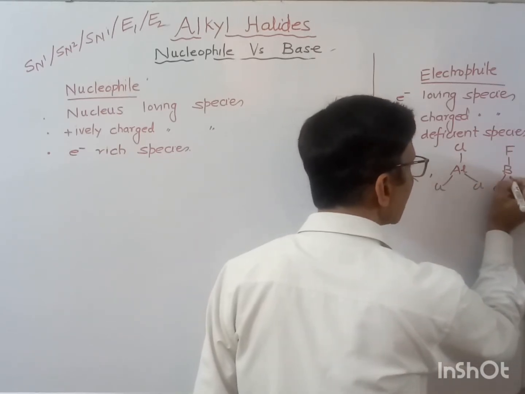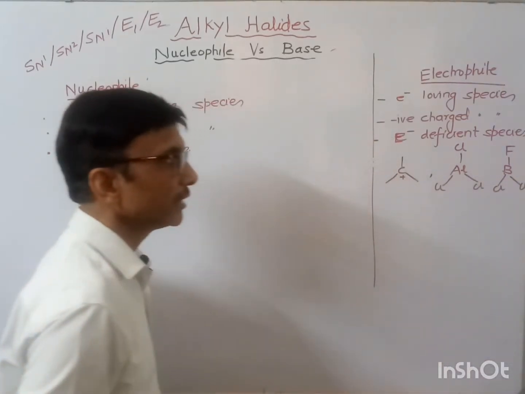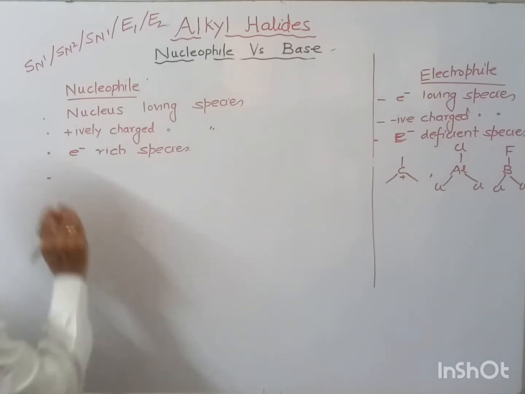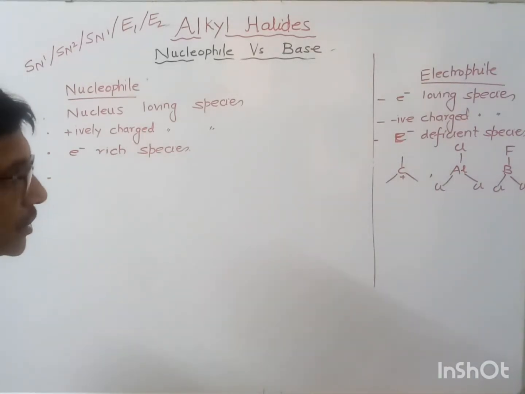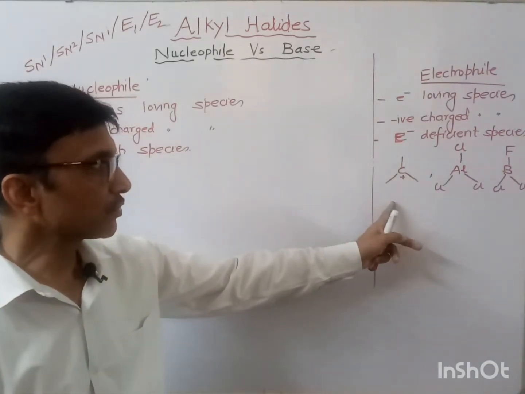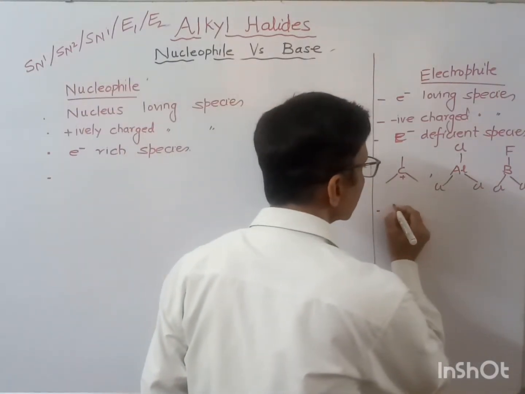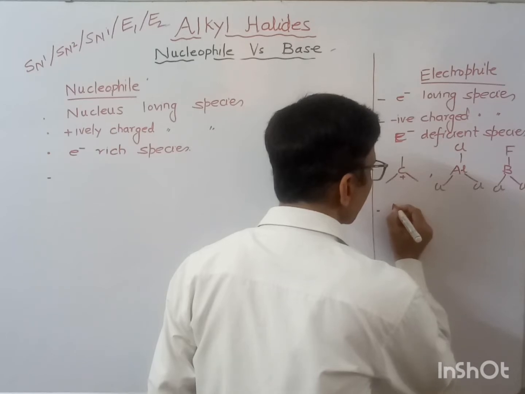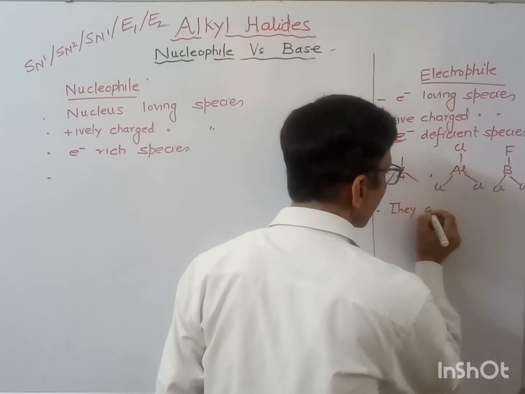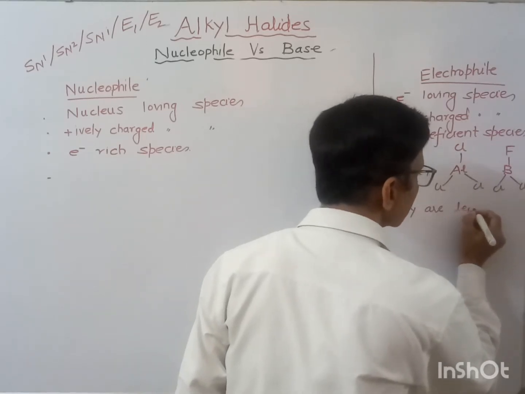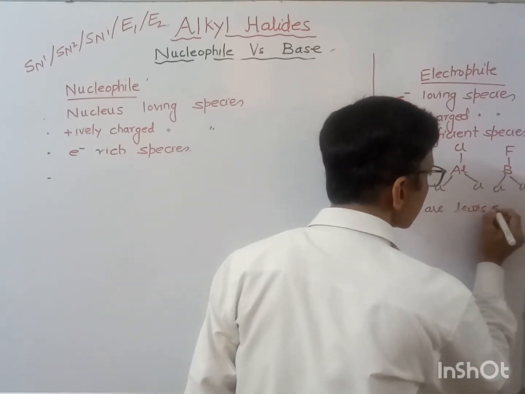These are the electron deficient species, and these are the electron rich species. These electron deficient species are also called Lewis acids. That's why we say these electrophiles are the Lewis acids.